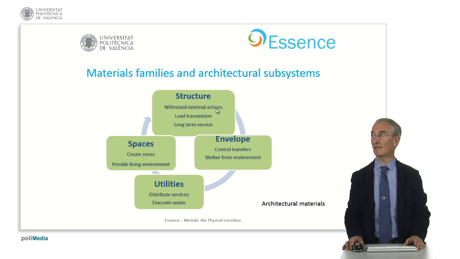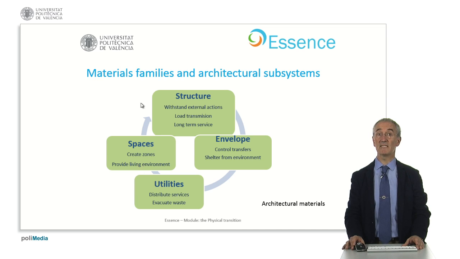The different elements are providing constraints from the structure. We have to withstand external action, transmit loads, and provide long-term support over 50 years. All these are integrated with the envelope, because this is what isolates us from the exterior, sheltering us from the environment, and also controlling the transfer of thermal, light, humidity, water, and so on to the buildings, housing utilities, distributing the services and evacuating waste, and defining spaces.